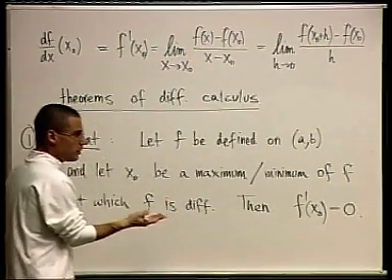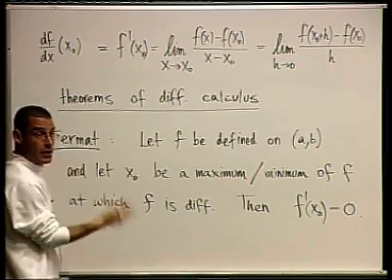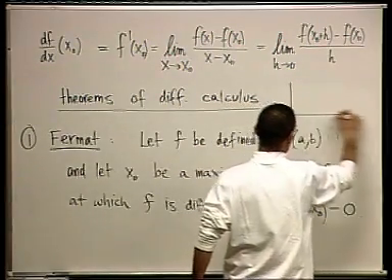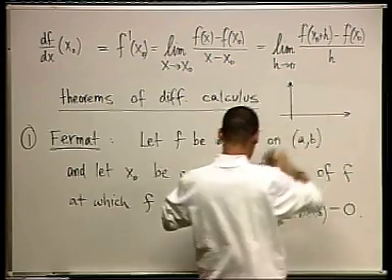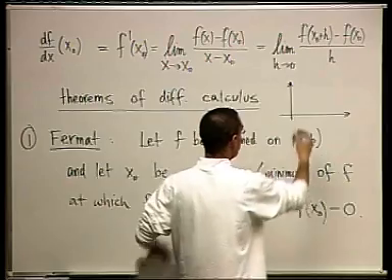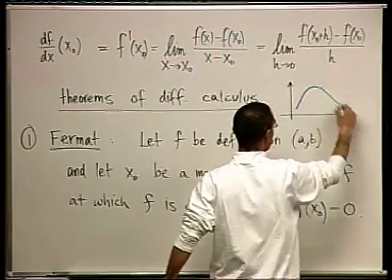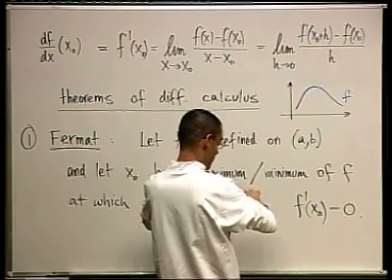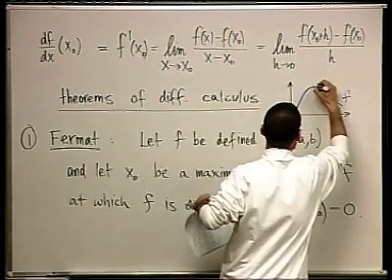We argued this in terms of the picture. Here's a short reminder of the picture. If you have a function f and it has, let's say, a maximum, and suppose the maximum is at some point here.